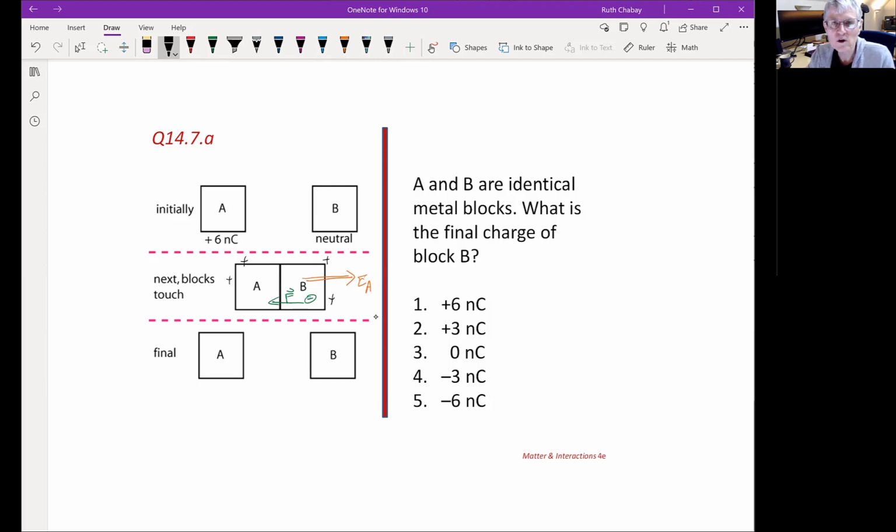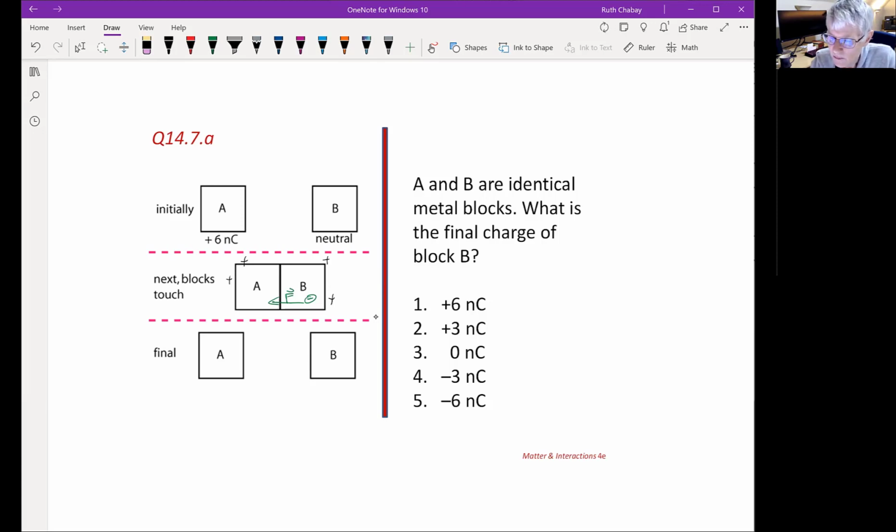And we don't have to wait very long. One of the things about these processes, whether it's charging or polarization, is they're really fast. These processes occur in nanoseconds at most. So we don't have to wait very long before enough electrons have moved into block A that now there's equal amounts of charge on each block, and the electric field in here ends up going to 0.